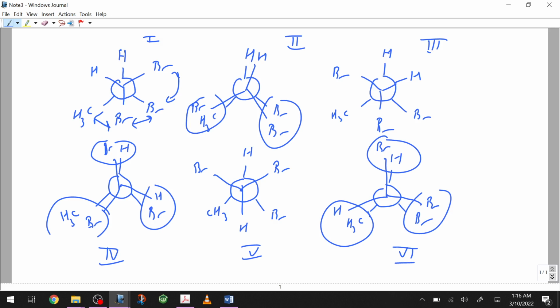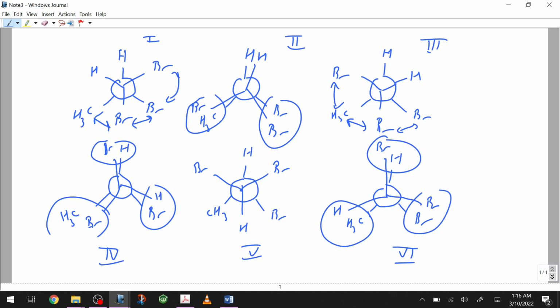I have the same problem with conformation 3, that these are all gauche butane interactions, but they'll be larger than that because the bromine is larger energetically, more of an energetic problem than methyl groups getting close to each other. The repulsive force is going to be more significant there.